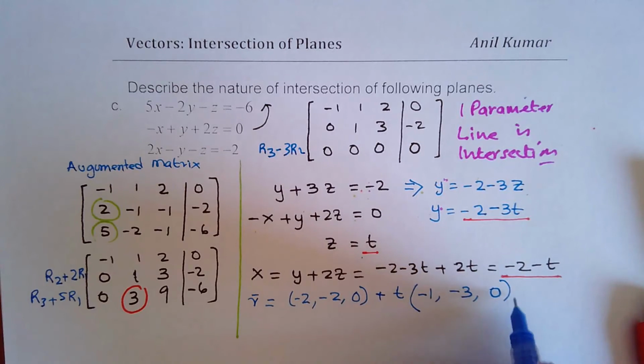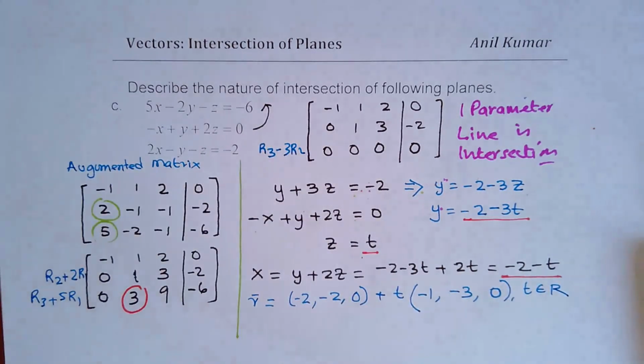Where t belongs to real numbers. Is that correct? So that is how you can provide the vector equation of the line as the intersection for the given planes. Perfect.